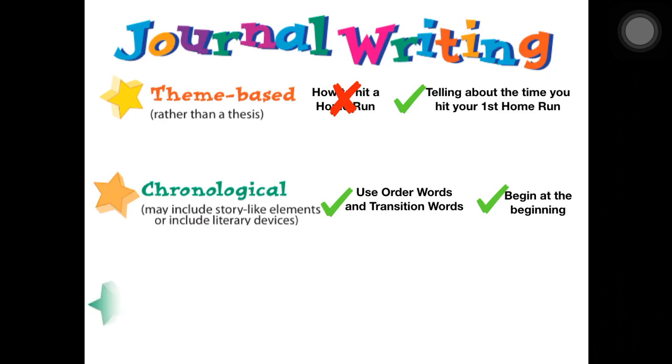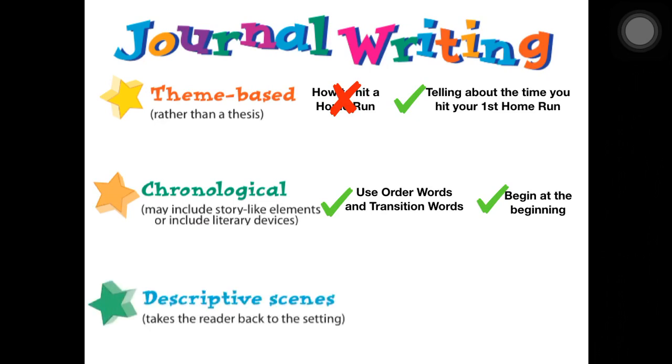The third thing that we want to remember when doing our journal writing is that we want to be very descriptive. Okay, you can see there under descriptive scenes it says takes the reader back to the setting. So if you remember back to the lessons when we were working with the shovels, we really wanted the reader to see what we are seeing as the writer.